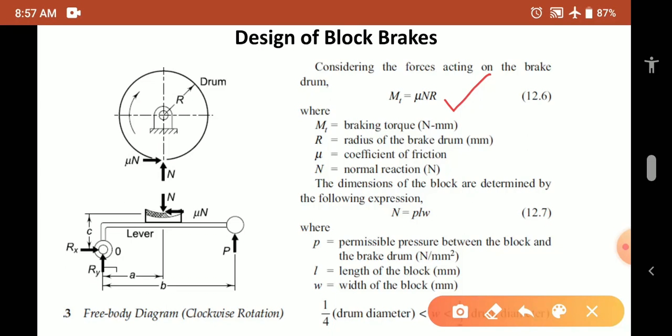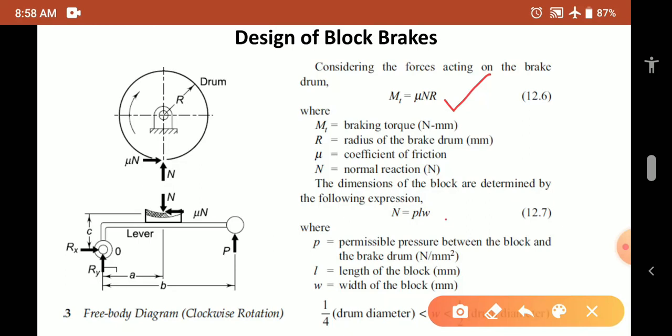Once we get this braking torque, the next thing that we have to calculate is the dimensions of the brake block. The dimensions of the block are determined by the following expression. As we know, pressure equals force upon area, so force equals pressure into area.